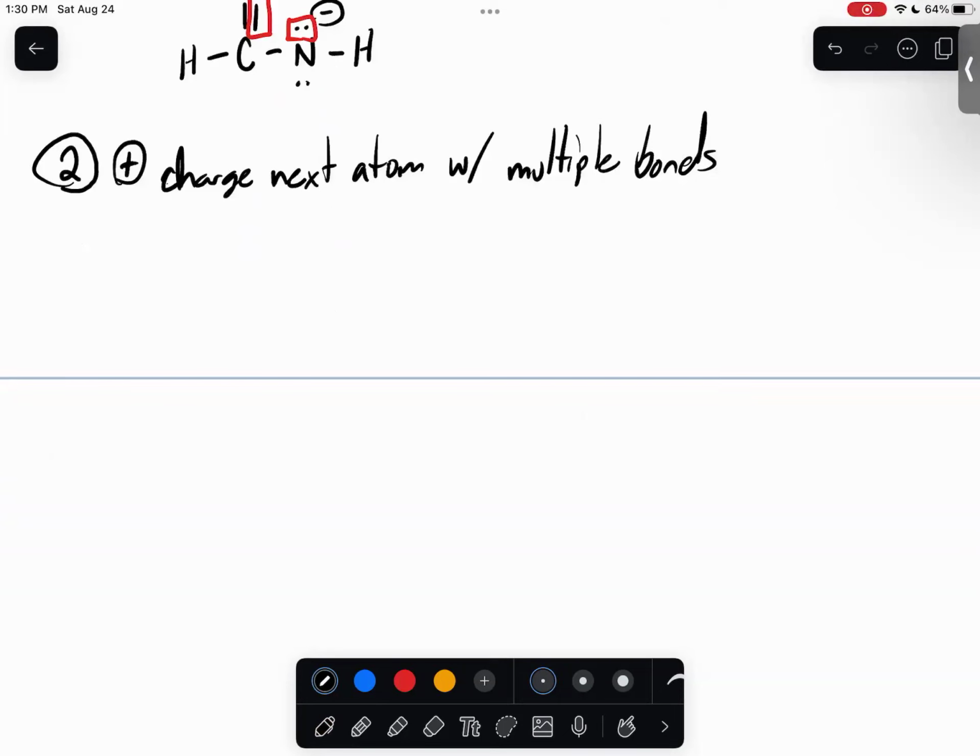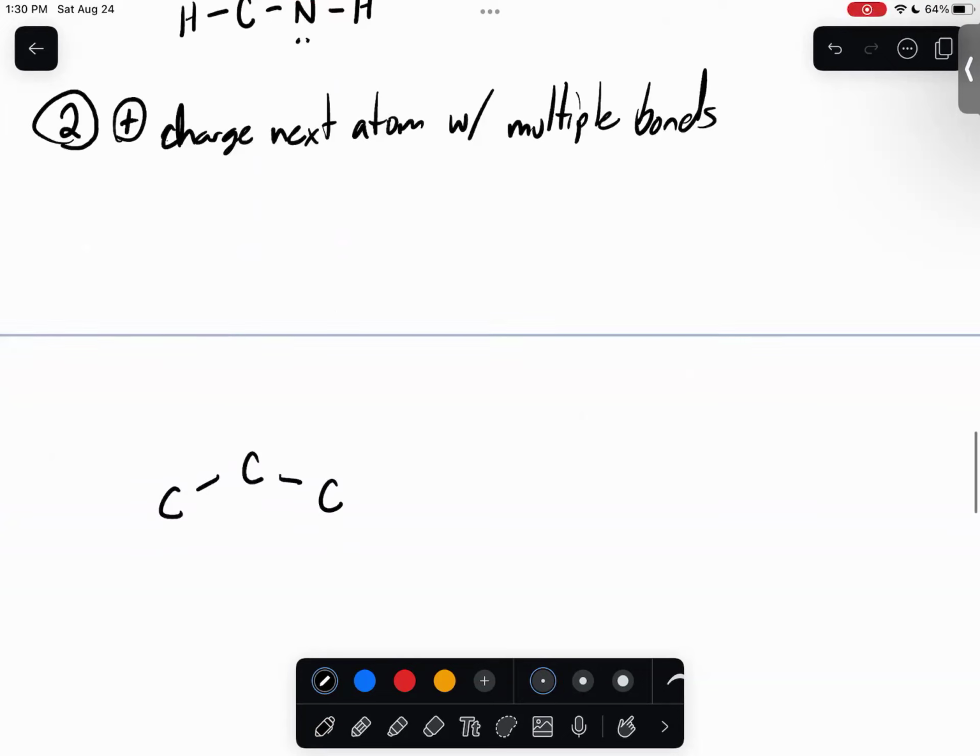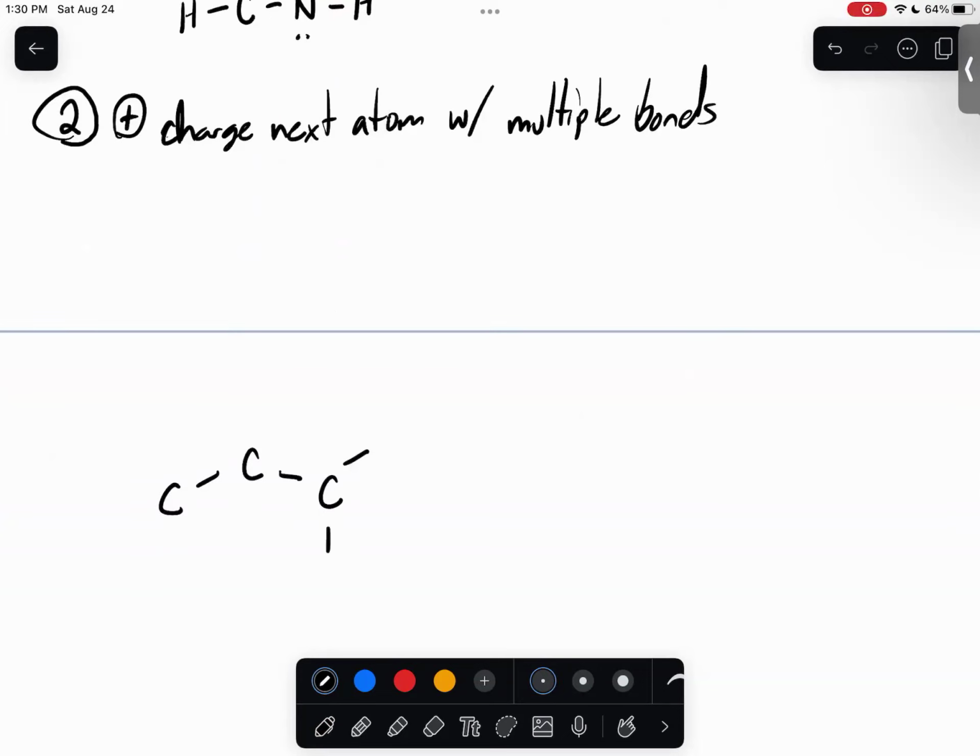This time I'm just going to draw out a Lewis structure. So we're going to take this set right here where we have these three carbons, and we're going to draw in some hydrogens to make sure that just about every atom is happy. However, this carbon right here is going to have a positive charge.